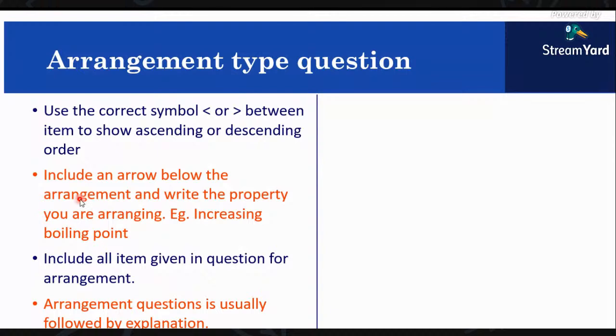Below your arrangement, kindly include an arrow and write the property that you are arranging, for example, increasing boiling point. The next message is to include all items given in the question. Never miss out any item, compound or element that is given to you to arrange. Make sure you are including all the items in the question.